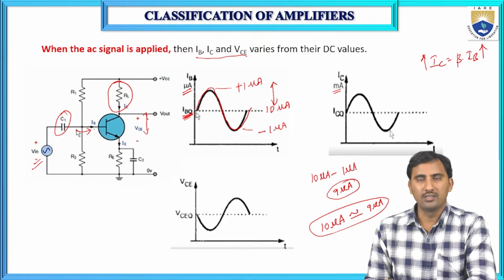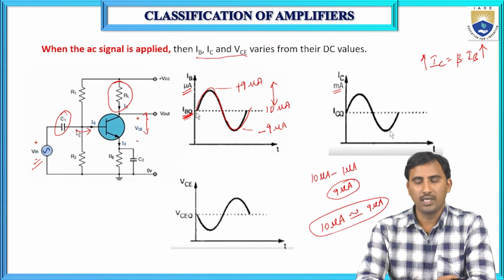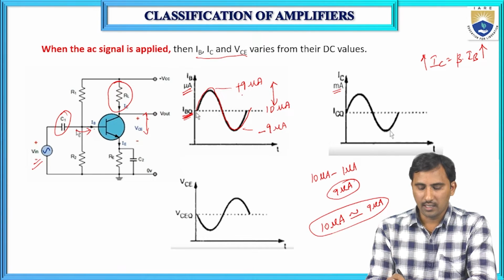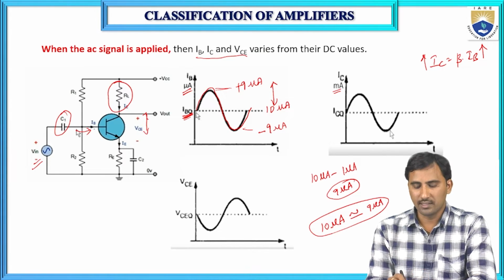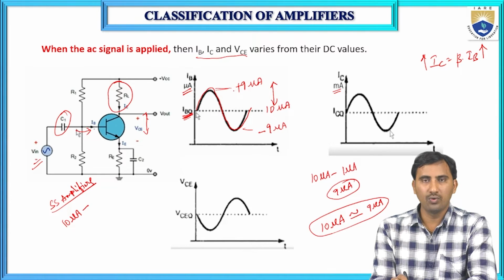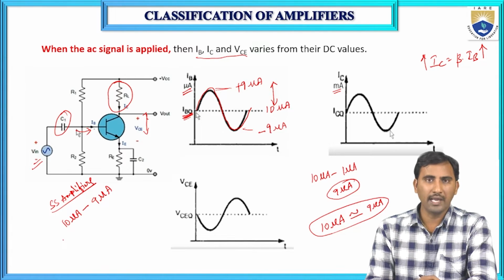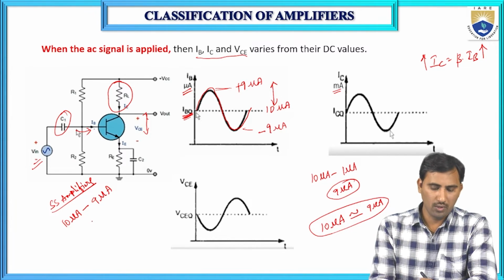And the second one is small signal amplifiers. Let's consider the maximum AC signal is plus 9 microamperes and the minimum is minus 9 microamperes. In small signal amplifiers, the variation will be 10 microamperes minus the maximum value of 9 microamperes, so 1 microampere.